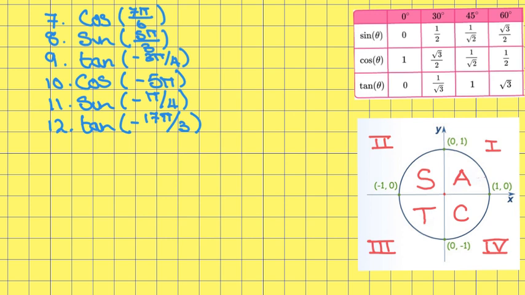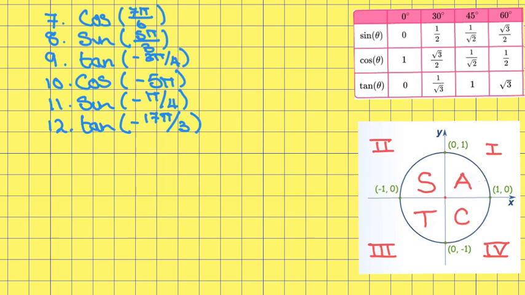You can use your CAST diagram if your angle is in radians. Right, let's just go back to the CAST diagram. We know that 90 degrees is pi over 2 radians, so let's put it in, pi over 2. We know that 180 degrees is pi radians.